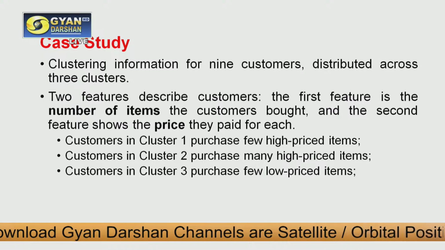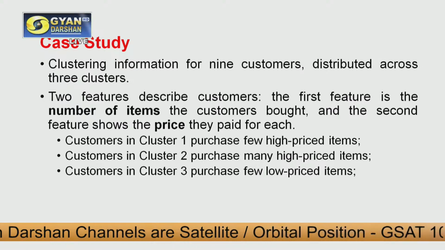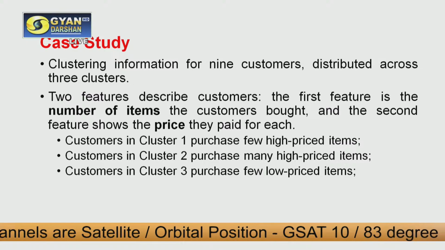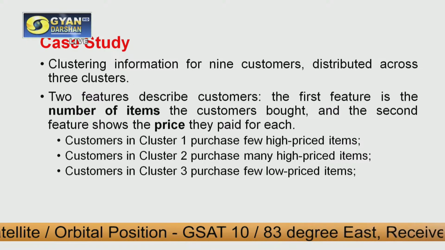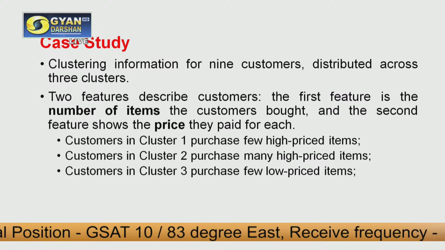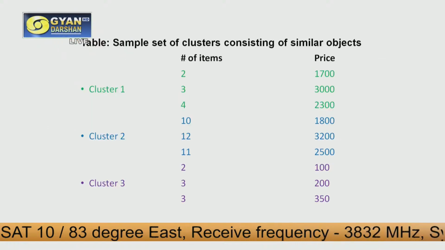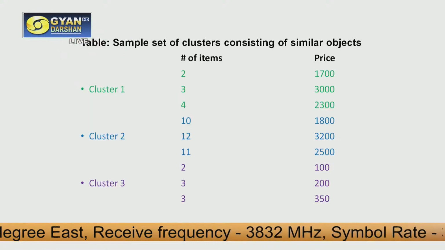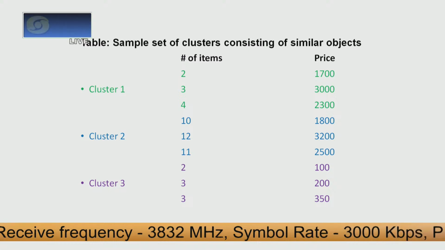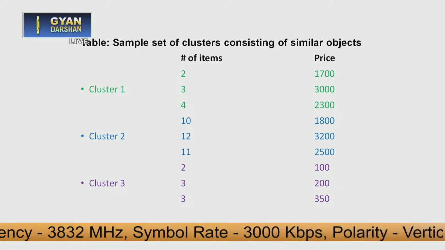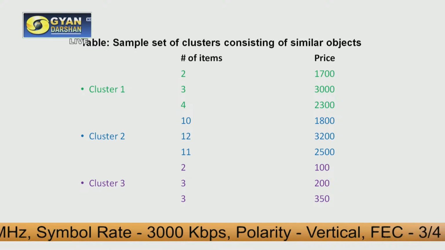Customers in cluster 2 purchase many high price items. Customers in cluster 3 purchase a few low price items. I've shown these in 3 different colors here. These are the sample data sets we have taken, which are similar in some sense.